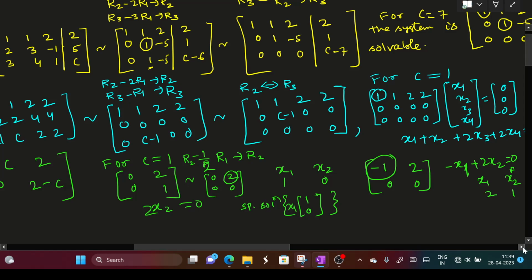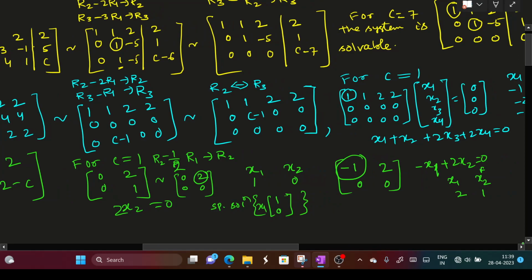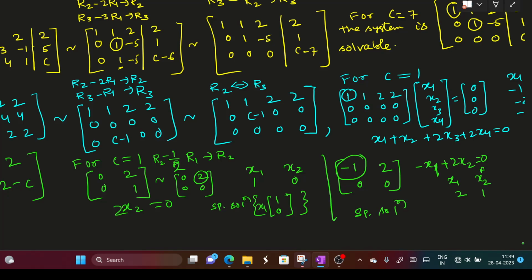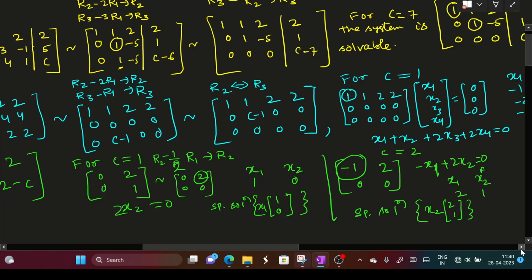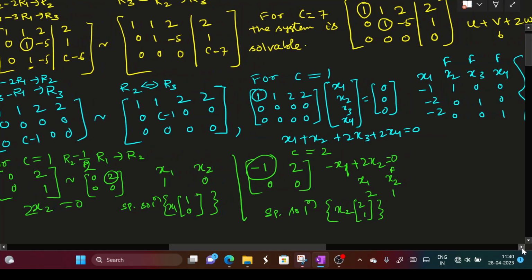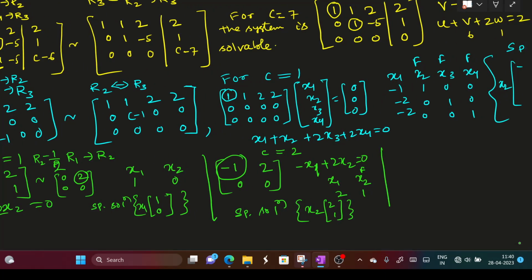So in this case, the special solution is a linear combination of x2 with (2, 1), this vector. For every value of x2, we will get one solution which is a special solution of the given matrix.